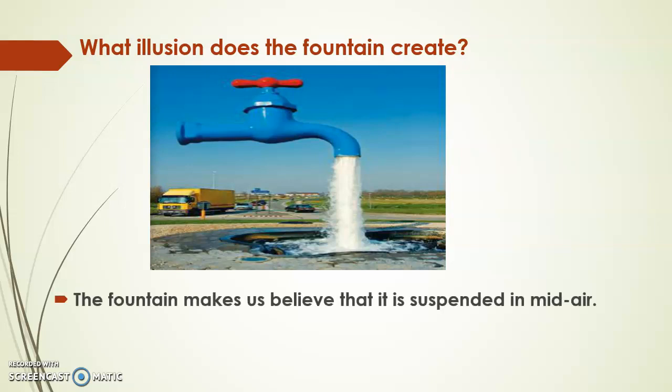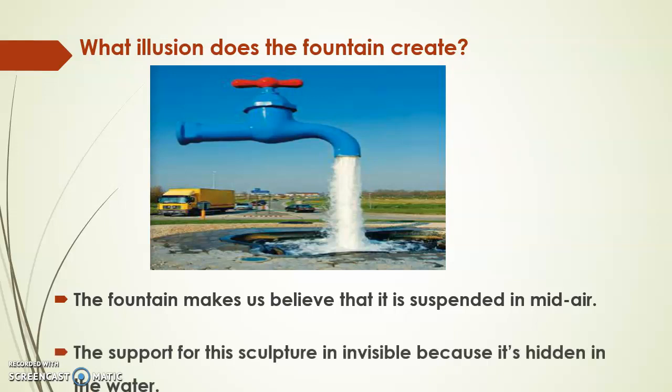The fountain makes us believe that it is suspended in mid-air. But the support of this sculpture is invisible because it's hidden in the water. So, there is a sculpture here which we cannot see with our eyes, but it's there.